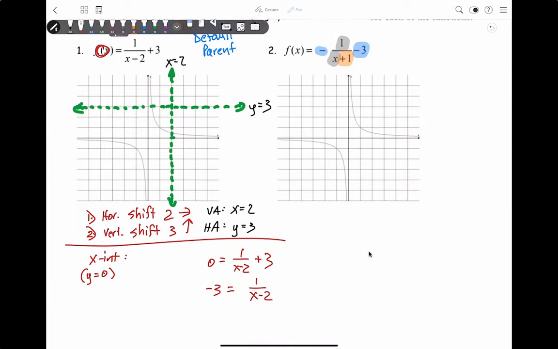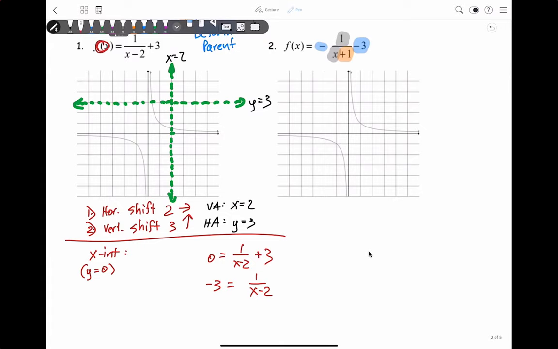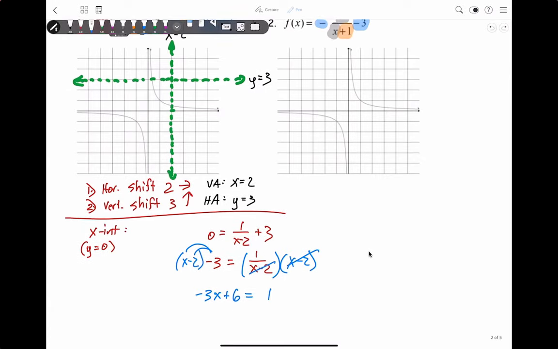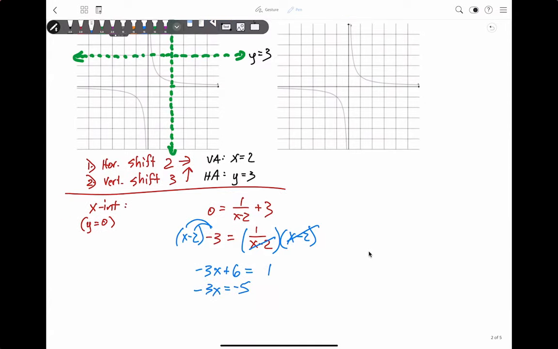And then I have this piece here that I can multiply both sides by this denominator to get rid of it. So I'll multiply this by x minus 2. And when I distribute that, I get something like negative 3x plus 6 is equal to 1, because those cancel to a form of 1. And that's all I'm left with here. And now I could just finish this off by subtracting the 6 and then dividing by negative 3.